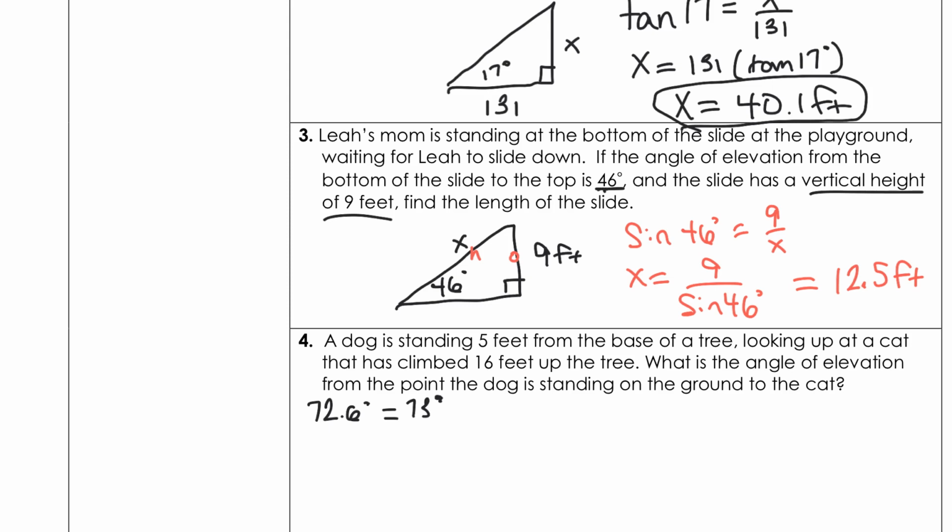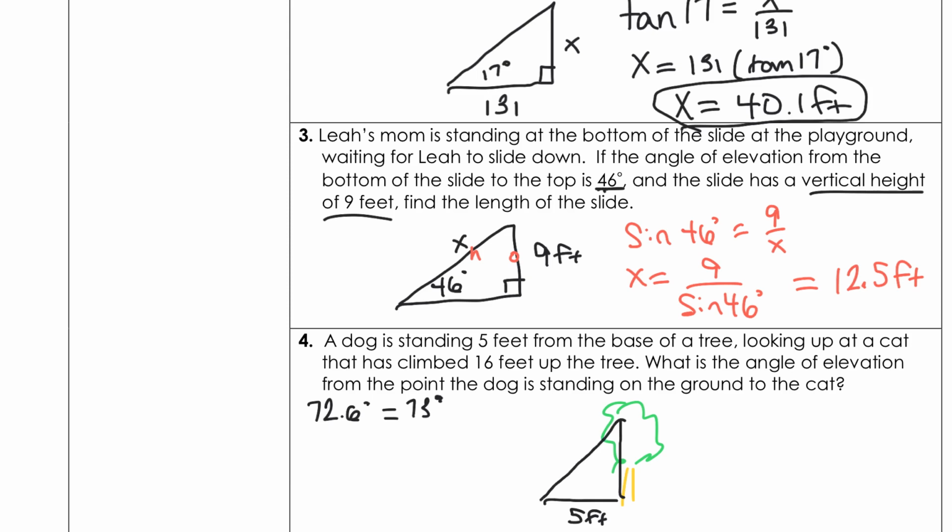A dog is standing 5 feet from the base of a tree. So we have our wonderful tree here. Now, what do we know? The dog is standing 5 feet from the base of the tree and looking up at a cat that has climbed 16 feet up the tree.